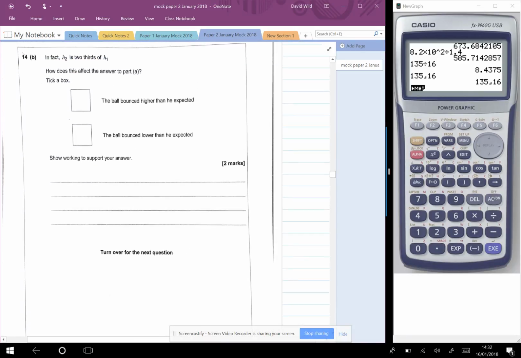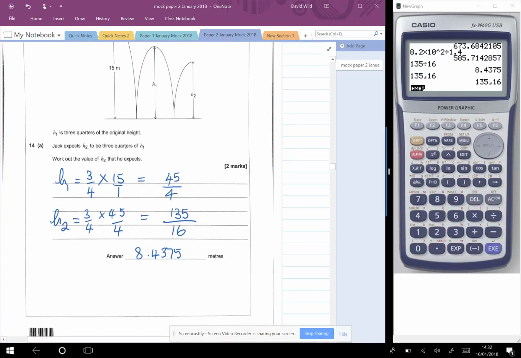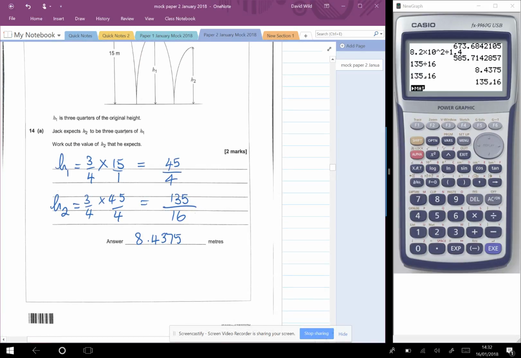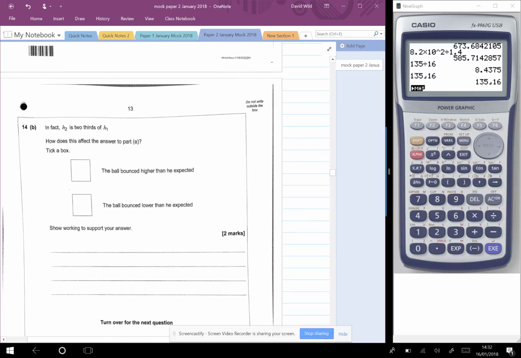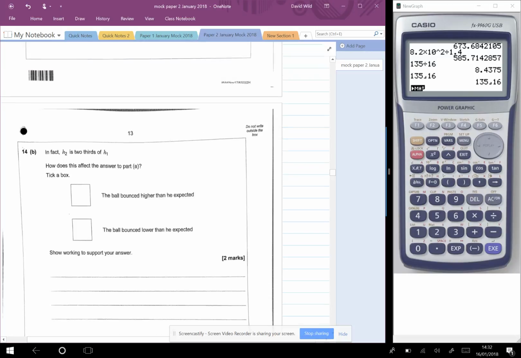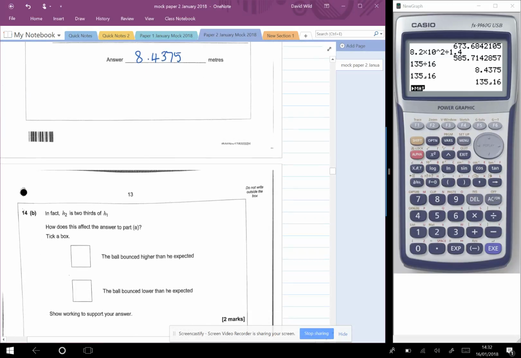(14b). It says, in fact, H2 is 2/3 of H1. How does this affect the answer to A? So the answer to A was H2 is 3/4 of H1. But actually what he's saying is it's 2/3. Okay, it's only 2/3. We want to know which is bigger if it was 2/3.